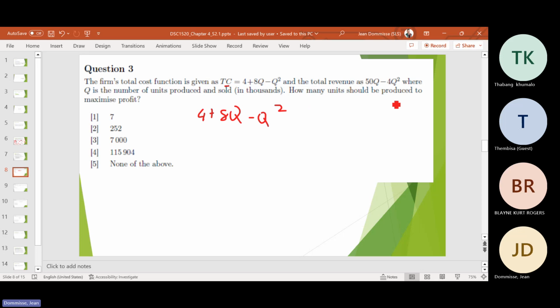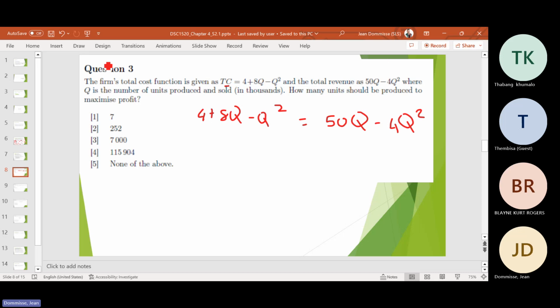How many units should be produced to maximize profit? So what we will basically do is say, where are these two equal? And then hopefully we will solve the answer.